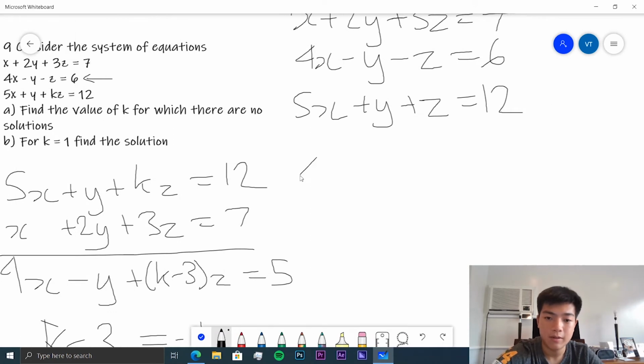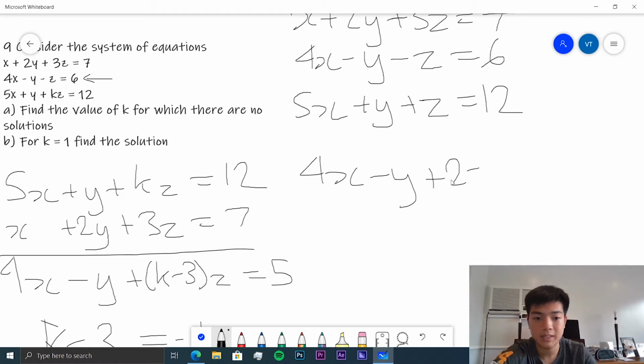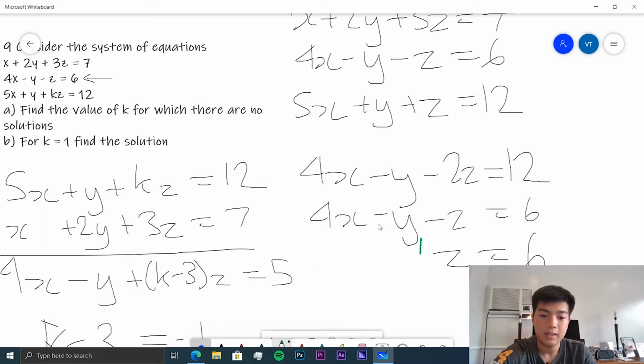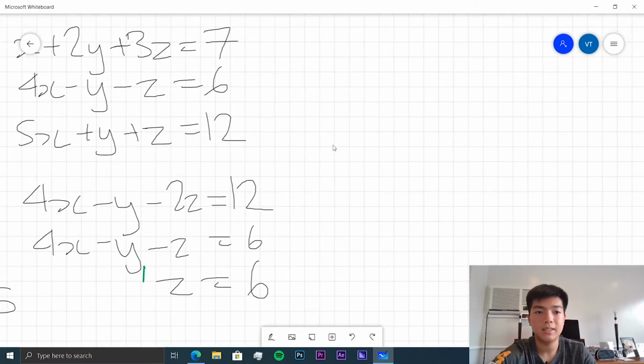So we have 4x minus y minus 2z is equal to 12, and 4x minus y minus z is equal to 6. So therefore z is equal to 6. Okay, plugging the rest in, z equals 6.